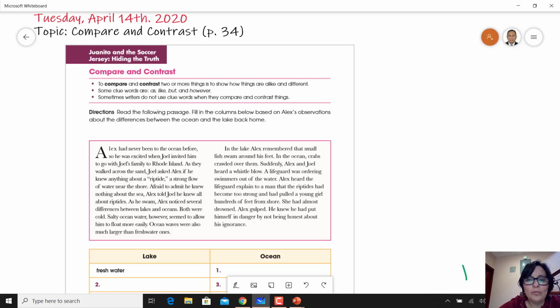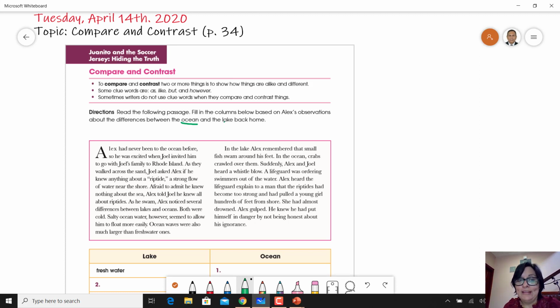So now what we are going to do is to read. Let's see the directions. Read the following passage. Fill in the columns below based on Alex's observations about the differences between the ocean and the lake back home. So you are going to compare two things, the ocean and also the lake.